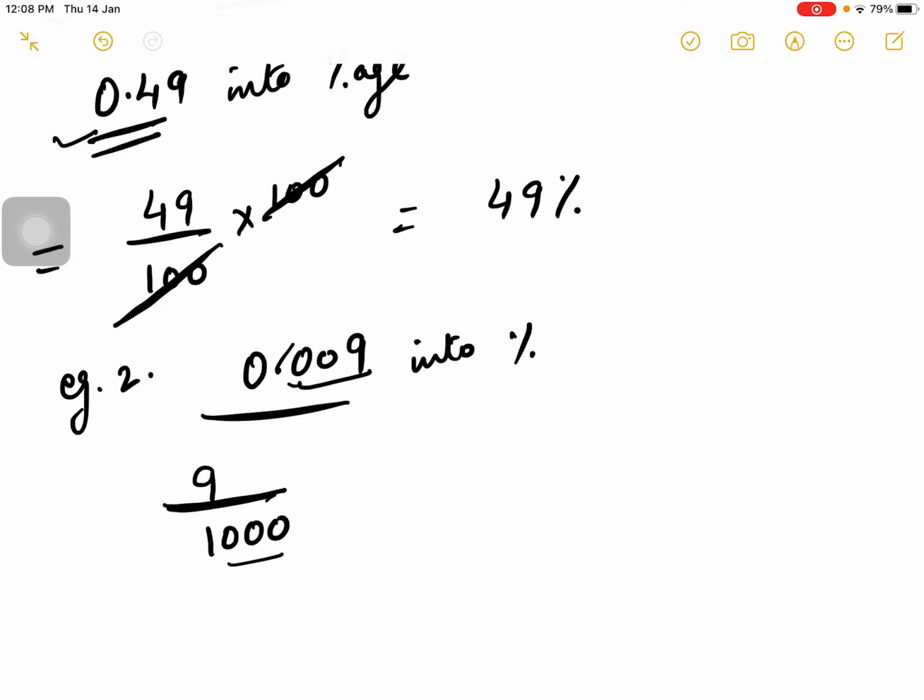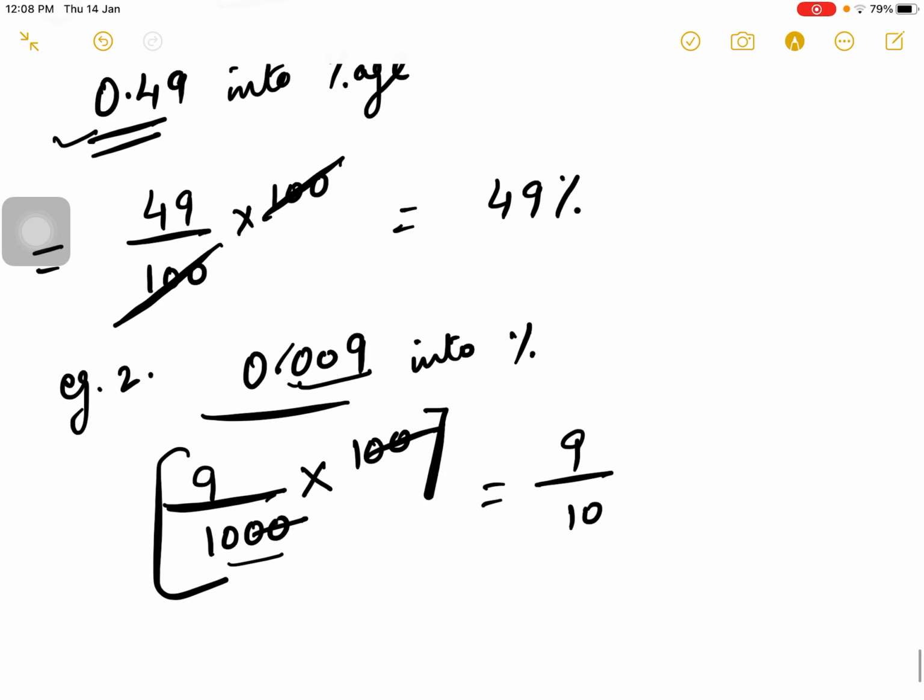To convert into percentage we multiply it by 100, cut 2 zeros. Now we have got 9 upon 10. We have converted it into percentage. Now 0.9%, decimal with percent. Okay, this is the answer.